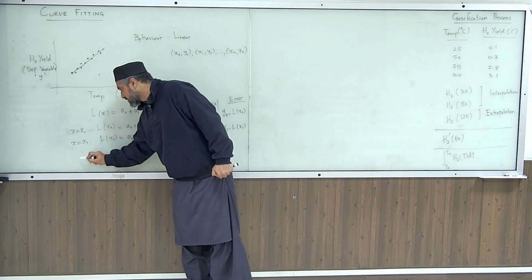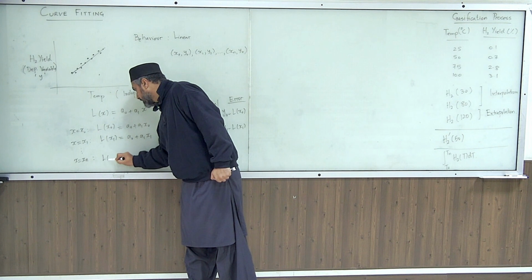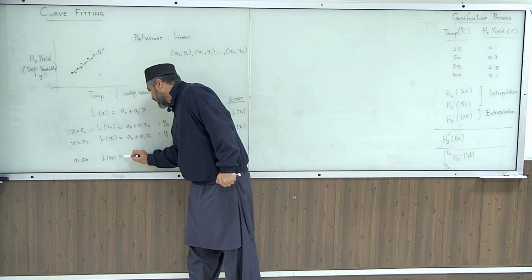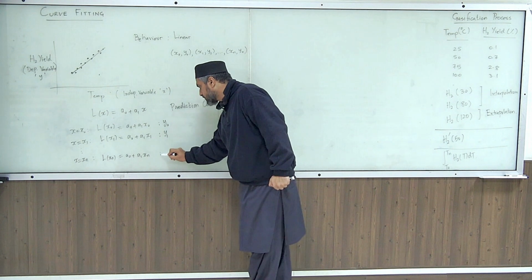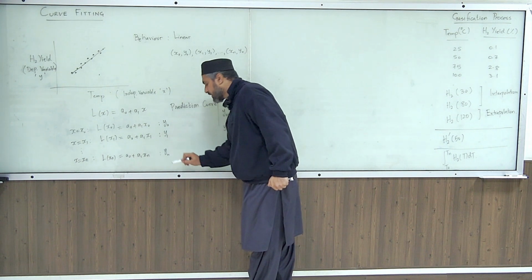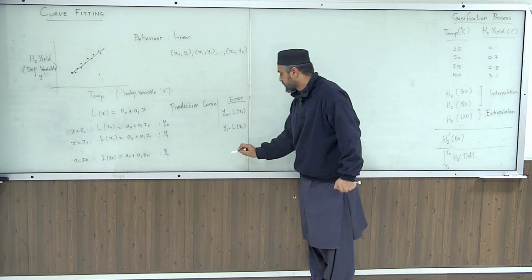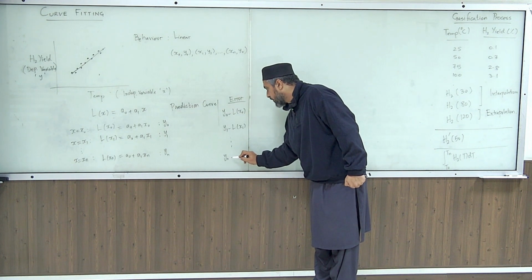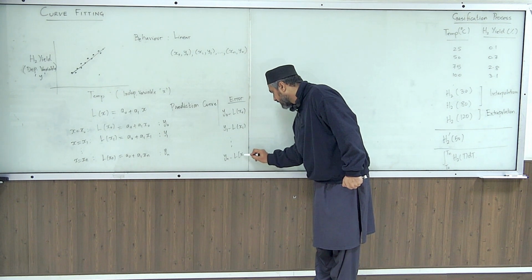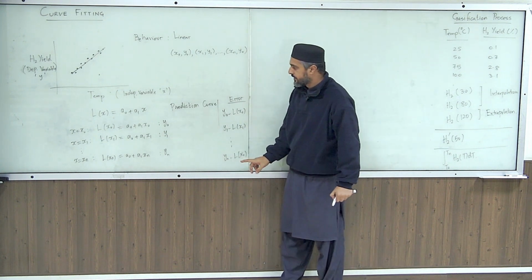Similarly, if I continue till the last point, I will get a predicted value at xn, and the actual value is yn. The predicted value is L of xn. So the error associated at the final point will be yn minus L of xn. So that will be the error associated with each point.